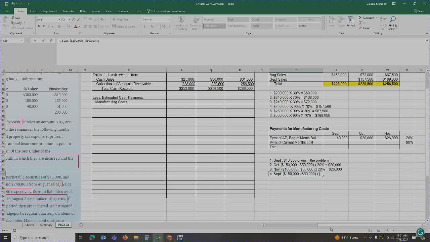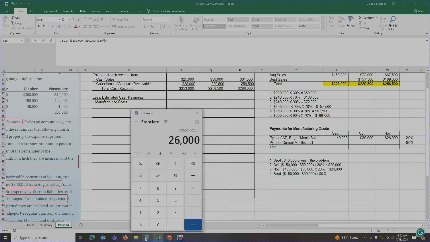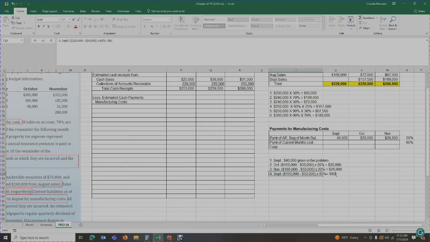And we are going to pay 80% the current month. So it'll be 150,000 minus 50,000. That's 100,000 times 80%. That would give me $80,000 in the current month. So in September, I am going to pay $80,000 the current month.